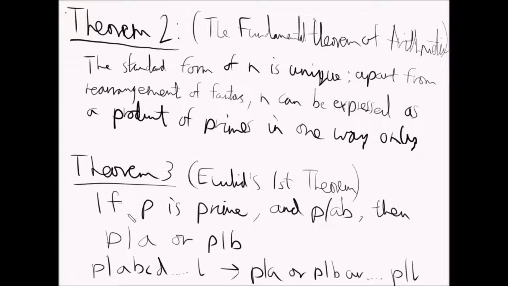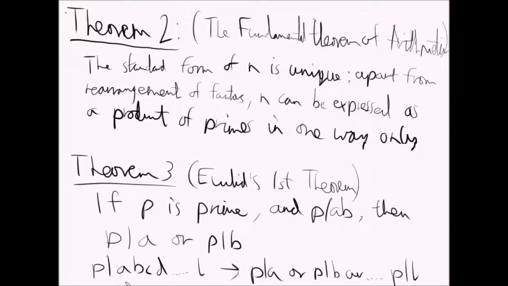But the thing we want to note first of all is that we can extend theorem 3 as follows. Theorem 3 says that if p divides a times b, then it must divide either a or b.